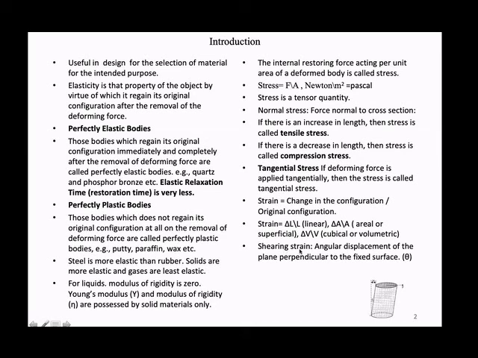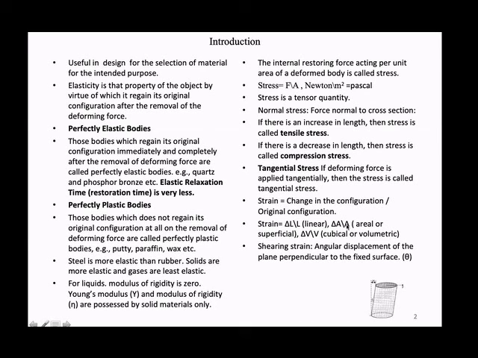Now shearing strain. What is shearing strain? It is the angular displacement of the plane perpendicular to the fixed surface. This is a fixed surface. I have given a force here. Theta is the angular displacement. What is the unit of theta? Theta is in radians, it is unitless. Here you see these are all unitless. Strain means unitless. Delta L by L, meter by meter, unitless.